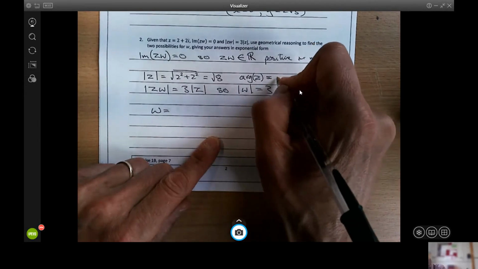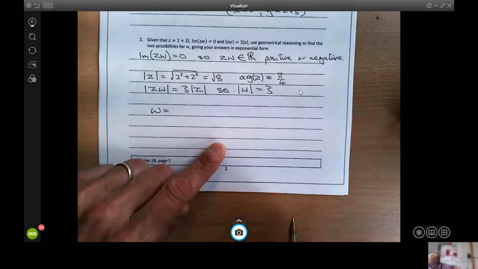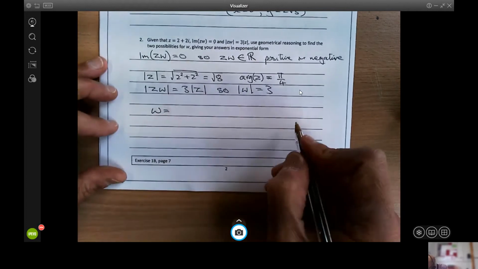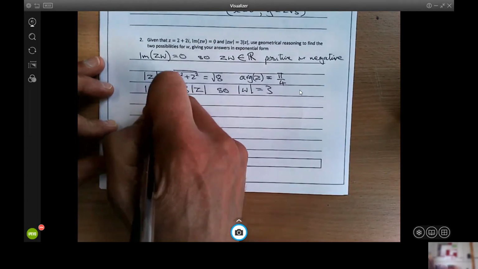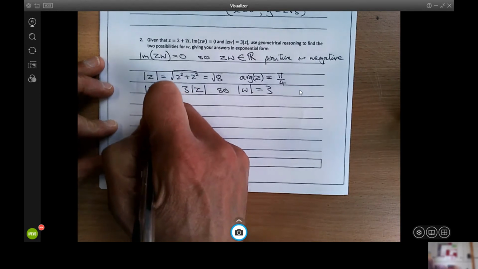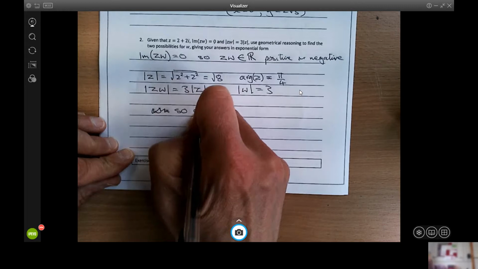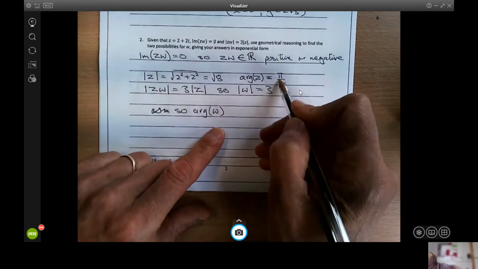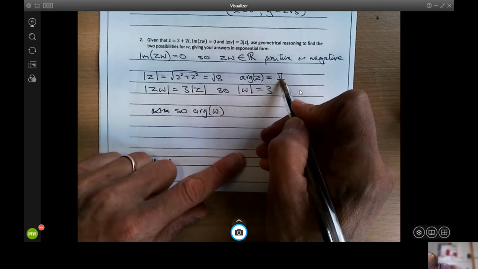So the argument of w: we need to add something to this to make zw a real number.